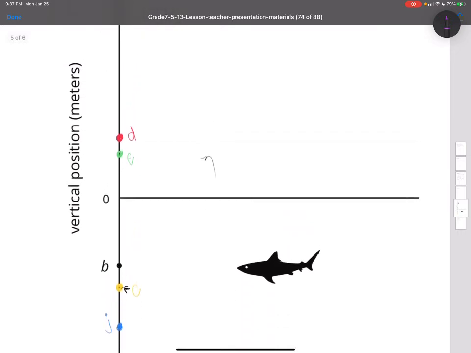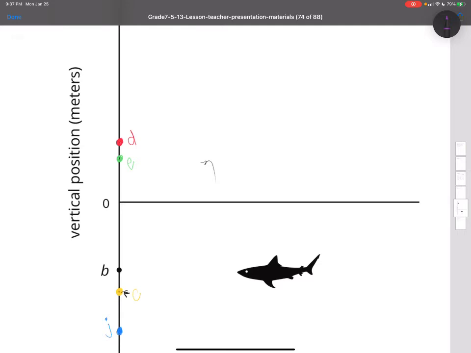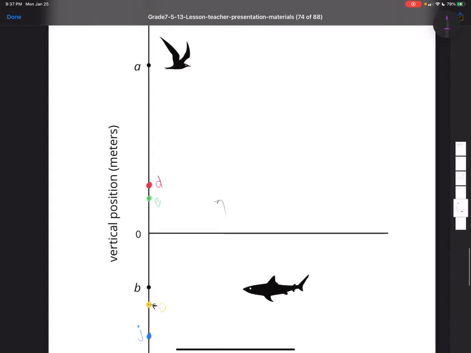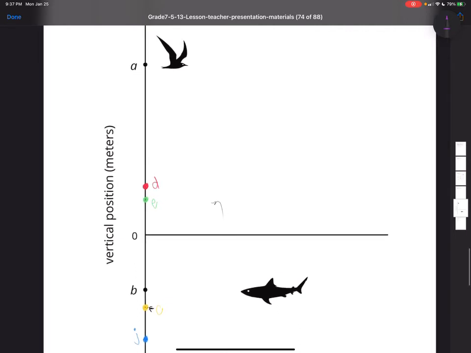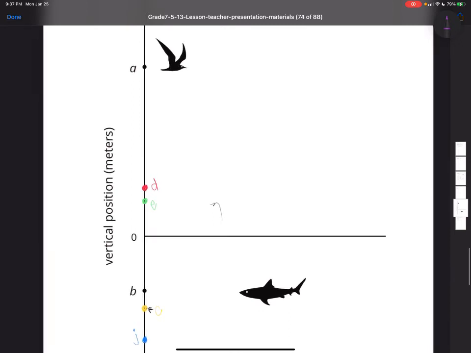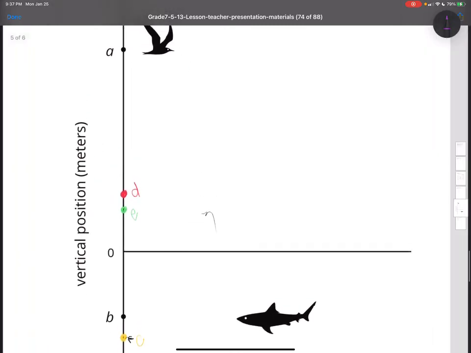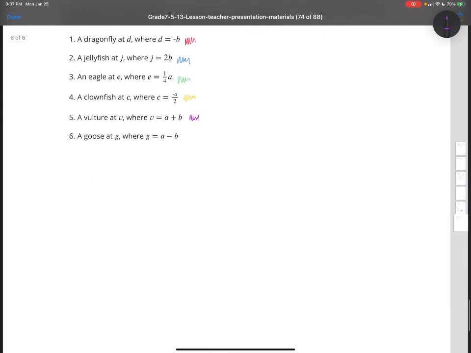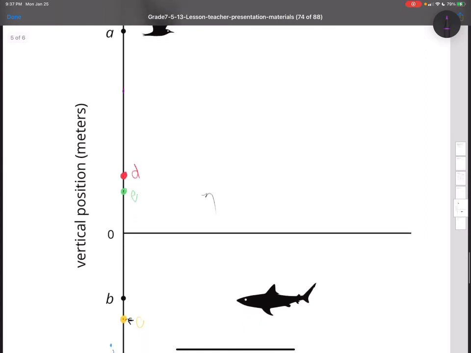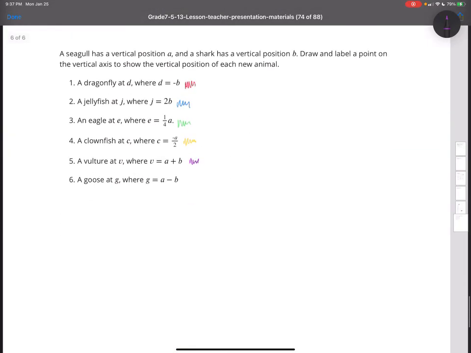We don't know the value of A or B, but if we look at A and B, and I'm going to zoom out a bit so you can see, A seems to be further away from 0 than B, which means my answer will be positive, but it will be less than A, because you still have to take away the value of B. So I'll position V somewhere along the lines of right here, because I still need to take away B, but we know the answer will be positive.